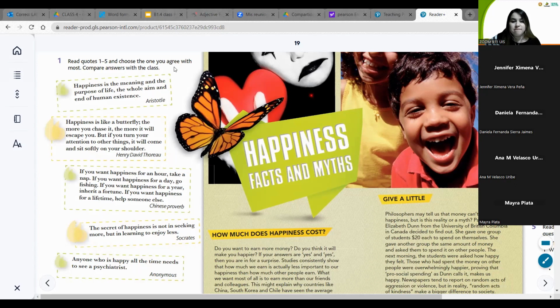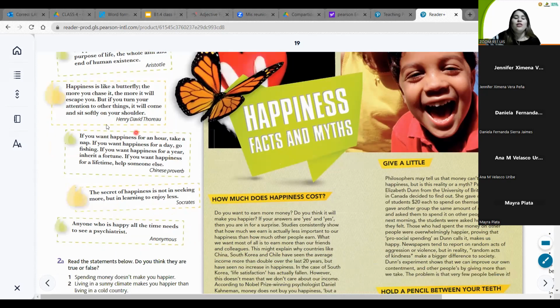Okay. Happiness is like a butterfly. The more you chase it, the more it will escape you. But if you turn your attention to other things, it will come and sit softly on your shoulder. Henry David Thoreau.